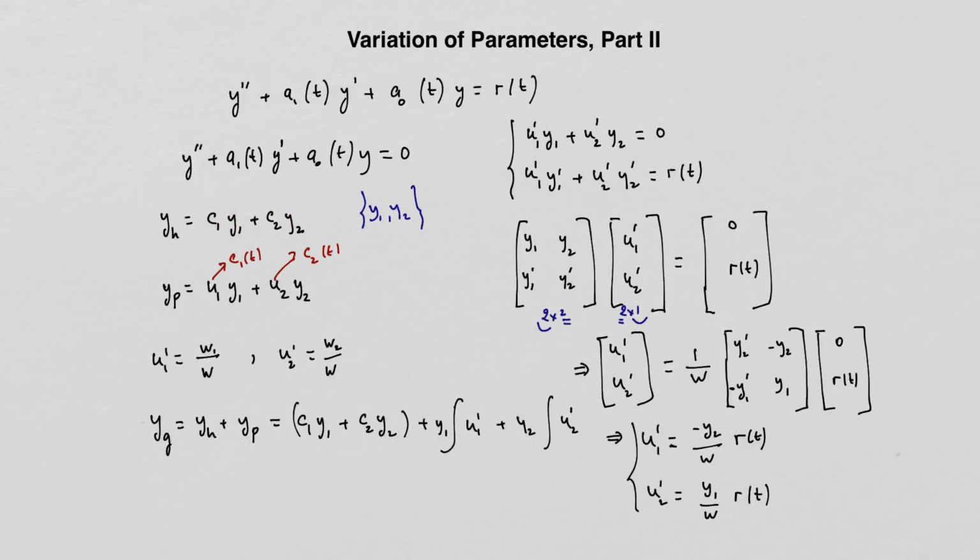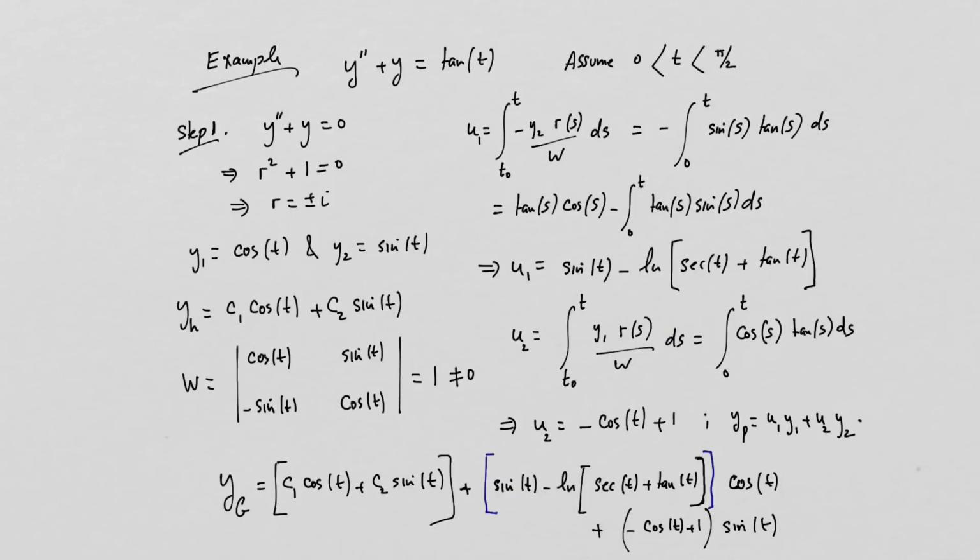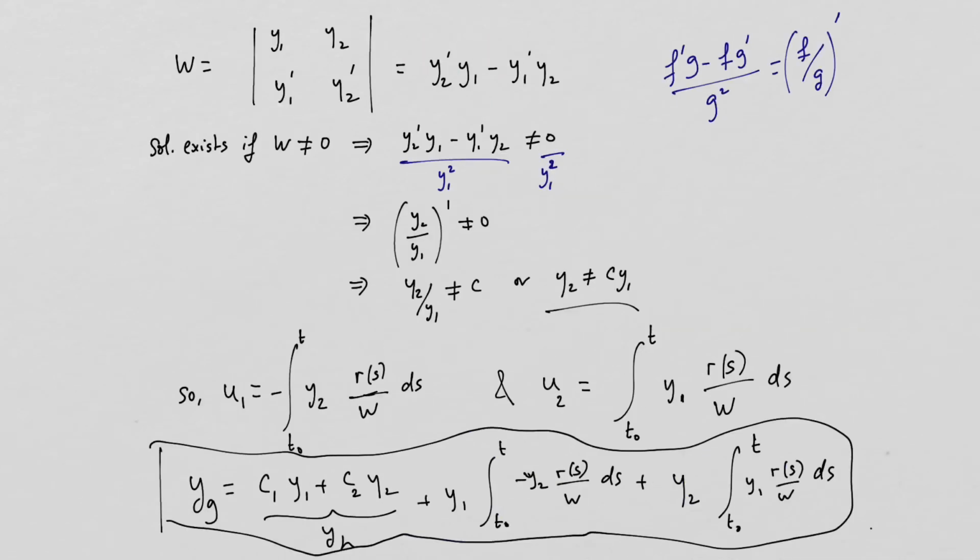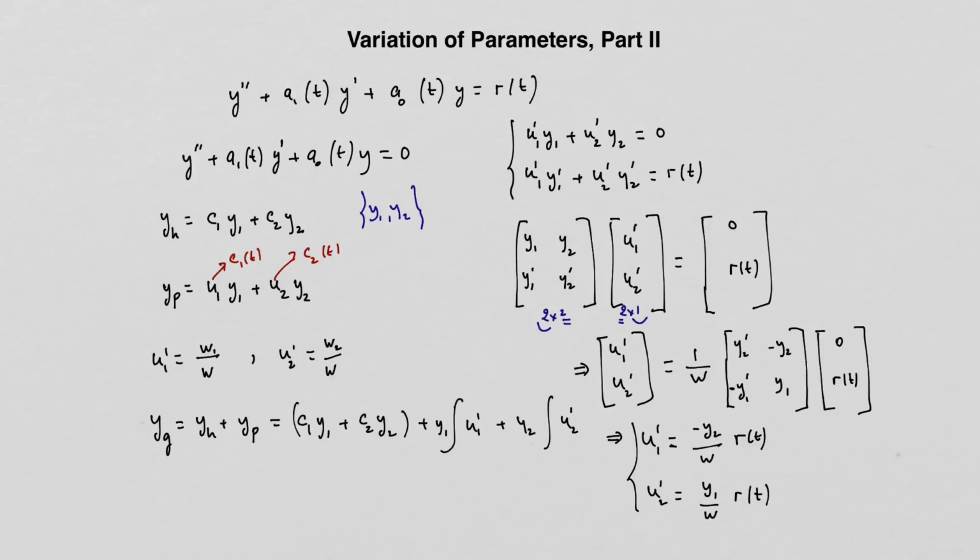So next time, for part 3, you're probably going to guess what I'm going to do. Instead of picking a function that is ugly on the right-hand side, I could still pick that. It's no problem. I can pick a nice one like e to the t, or I can pick secant of t.